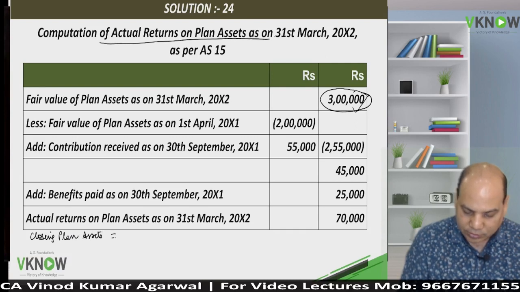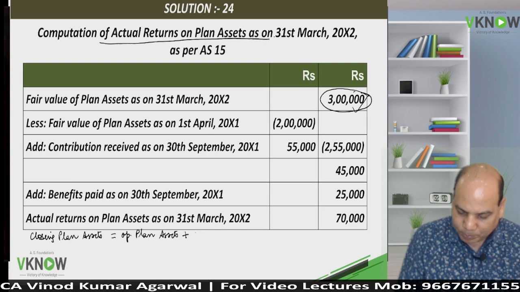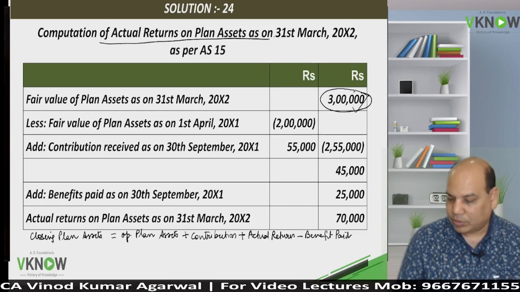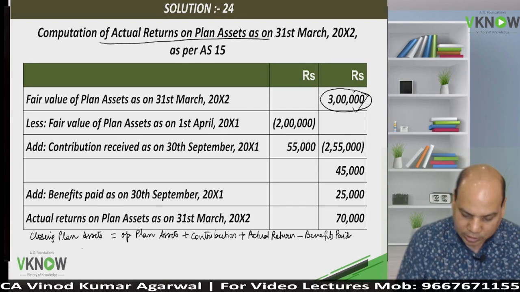Closing plan asset equal to opening plan asset plus contribution plus actual return minus benefits paid. Closing plan asset is given 3 lakh.